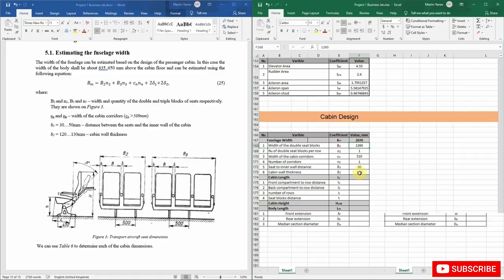That's it. And we're getting the total width of our cabin to be 2070 millimeters, which is about 2 meters and 70 millimeters.